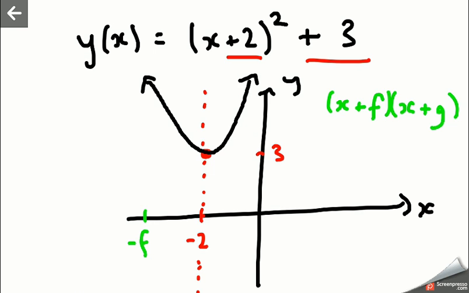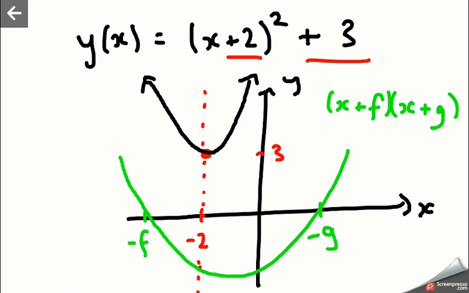And when the parabola cuts the x-axis, like this, here's -g. When our parabola cuts the x-axis like this, that means that the y value that comes out is 0, because this is the line y equals 0. So if I put -g into y1 of x equals x plus f times x plus g, I'm going to get 0.